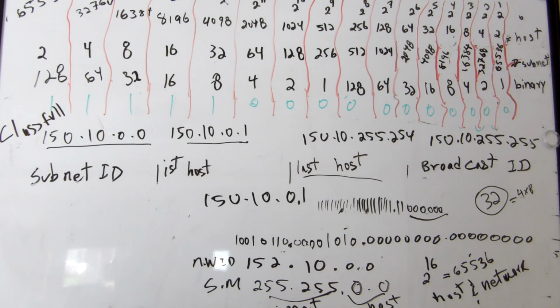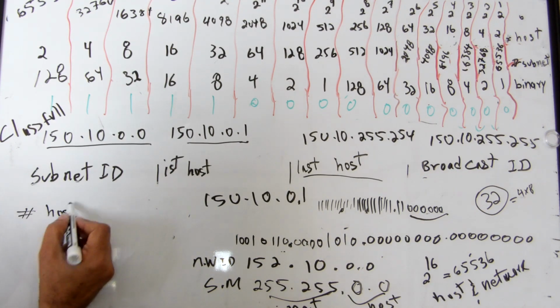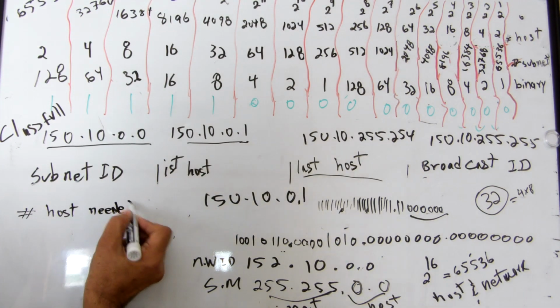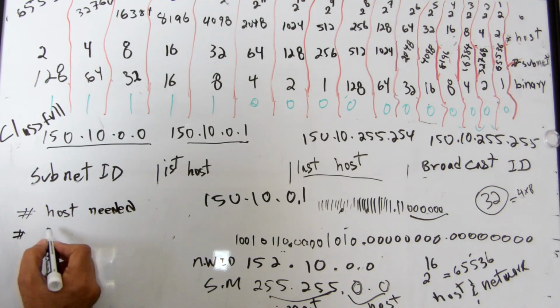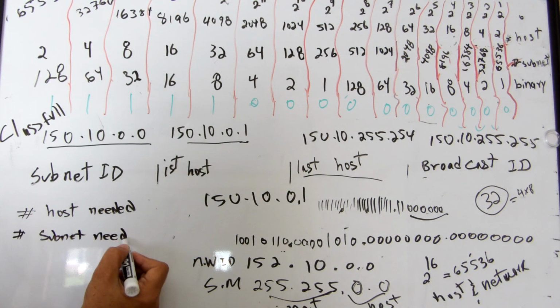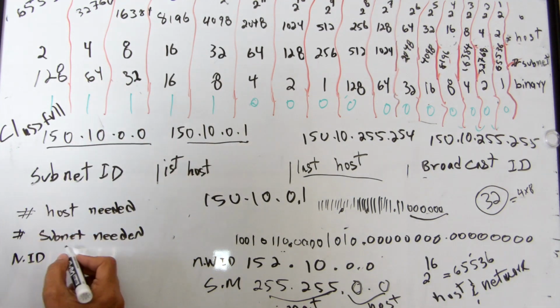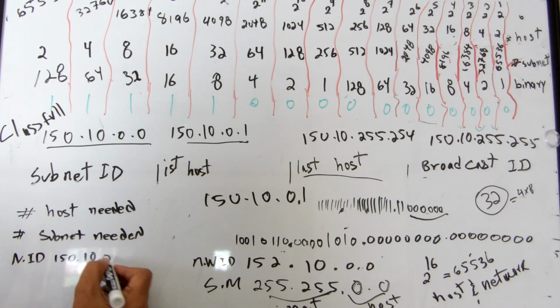We will explain more about subnetting, but right now we are going to say the number of hosts needed, the number of subnets needed, and then they give you a network ID, like 150.10.0.0.